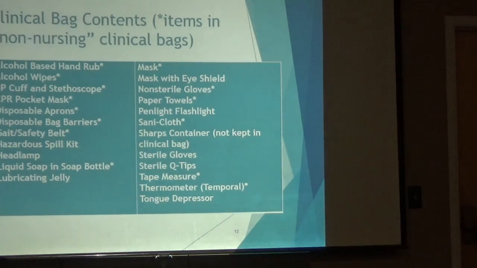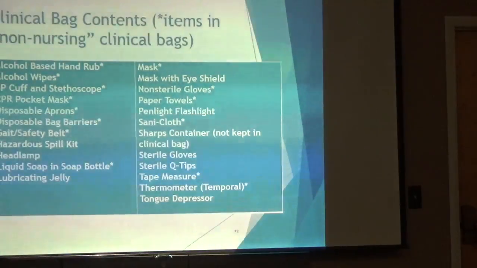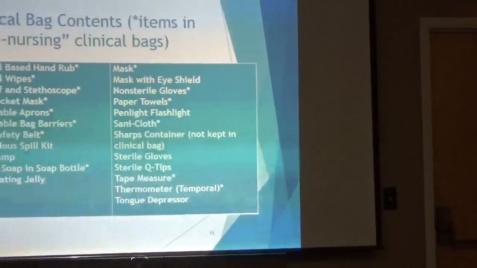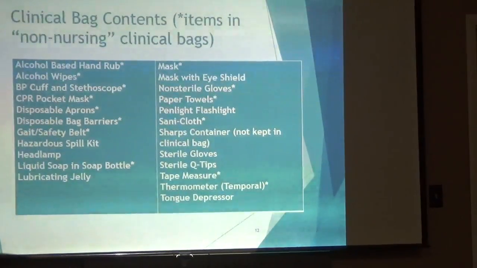So then into the infection control portion, this is just a list of what is included in your clinical bag. The asterisk items mean that they're included in the non-nursing or PT bags as well.